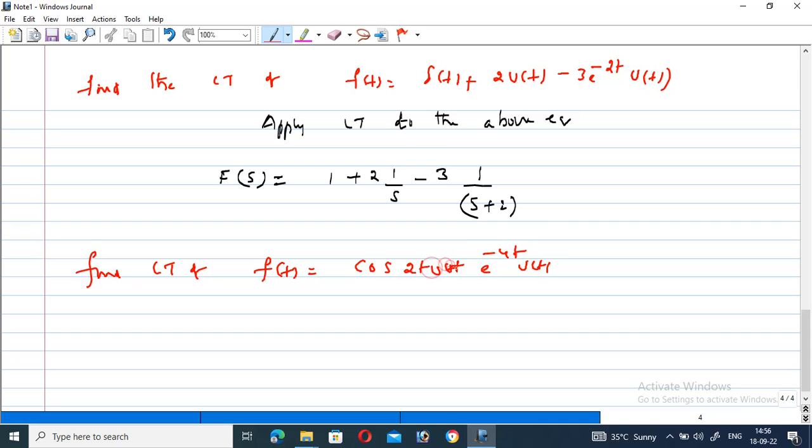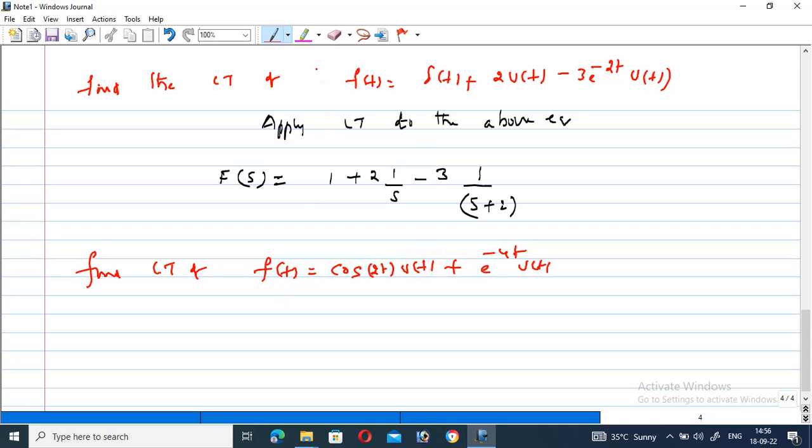Here also I will multiply u of t to cos 2t into u of t plus.